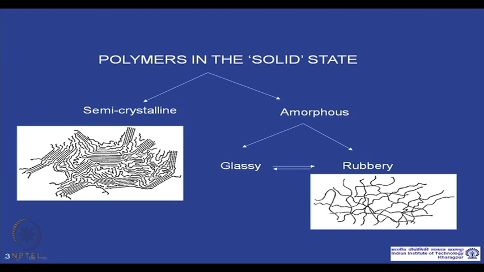So, it is a combination of amorphous and crystalline regions, and we call this a semi-crystalline state. It is not practically possible to get a purely 100% crystalline polymer, mainly because of their size or large molecular weight. So, we mostly deal with semi-crystalline polymers, which are partly crystalline, partly amorphous, and amorphous polymers, which are 100% amorphous, 0% crystalline.